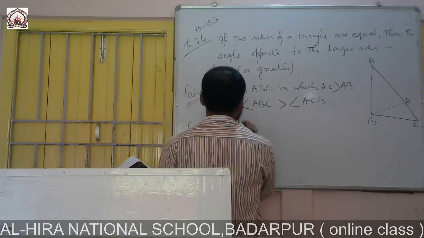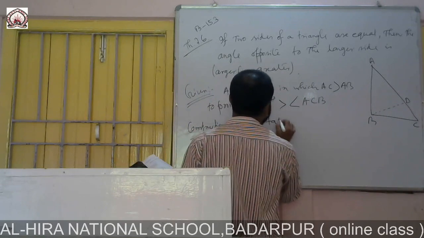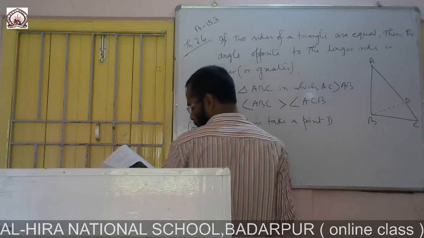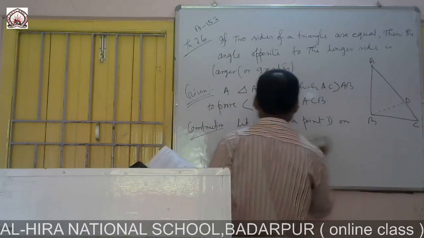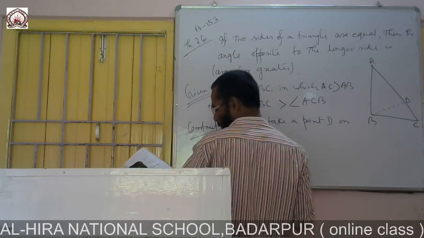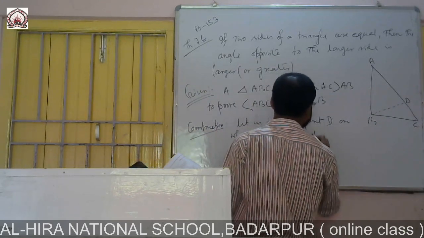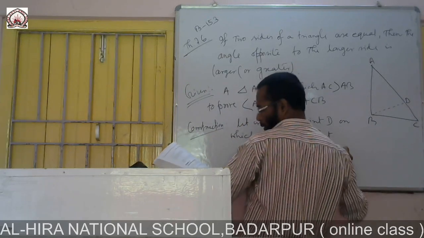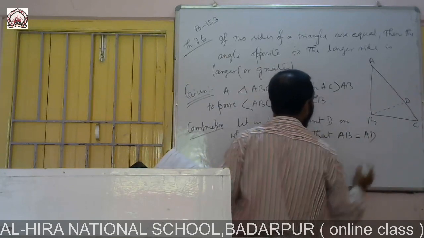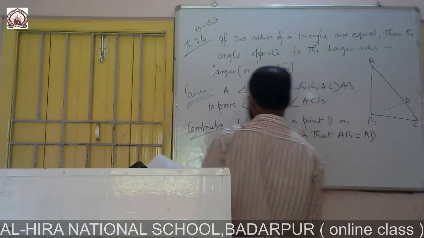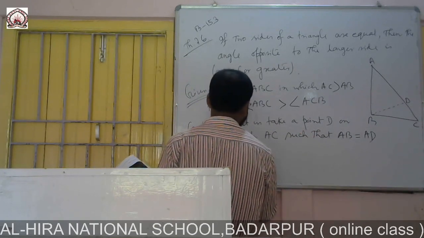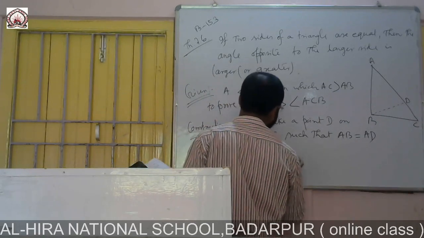Let us take a point D on AC such that AB is equal to AD. Let us join BD.